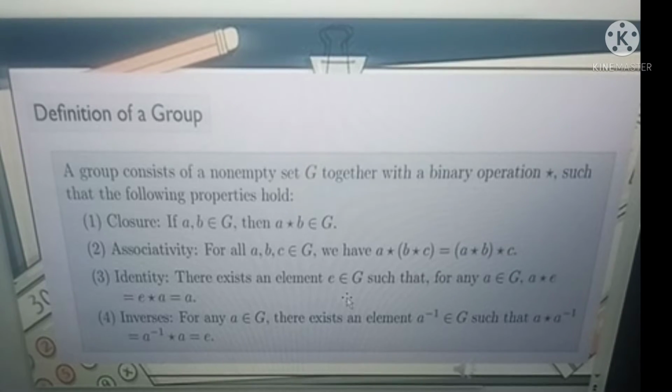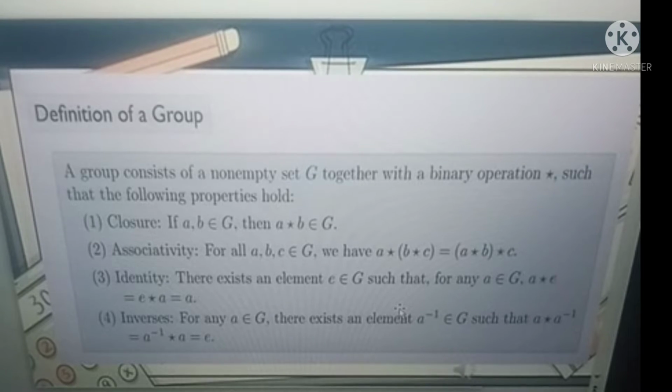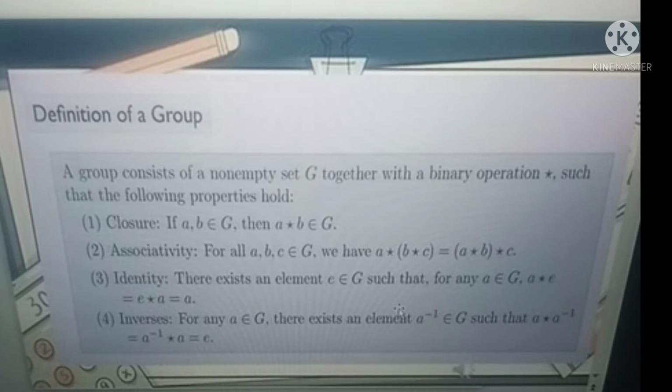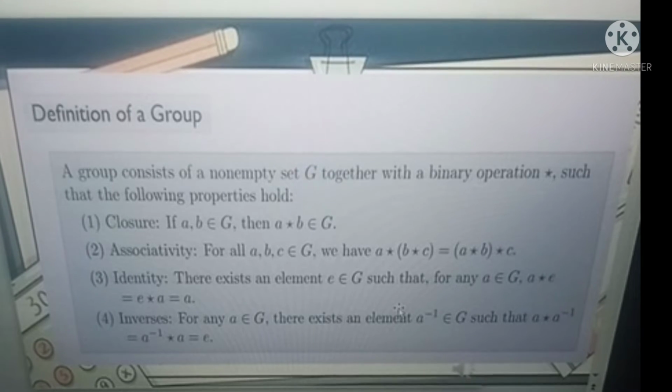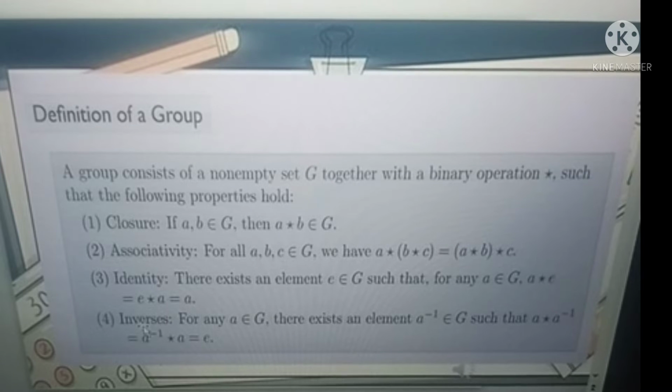So 3 times 1 is equal to 3. That is why the identity of multiplication is equal to 1, and the identity of addition is 0.